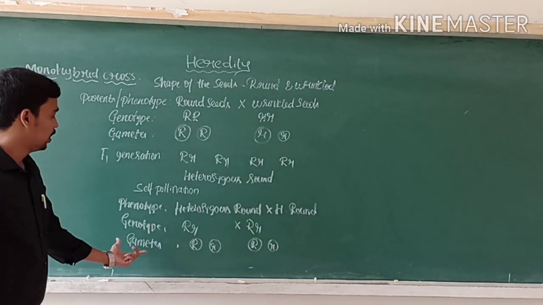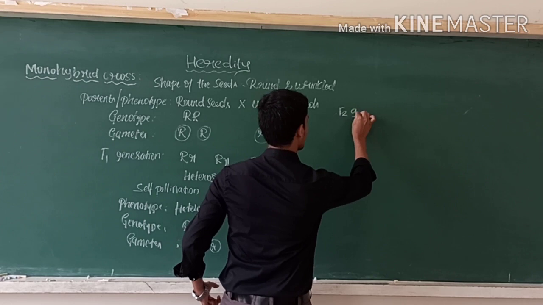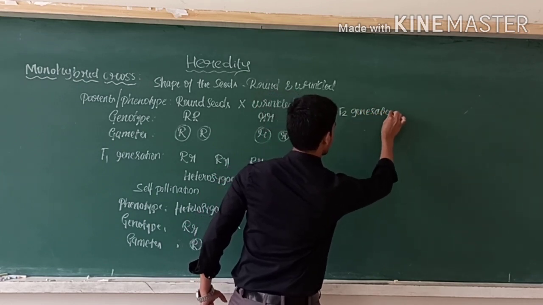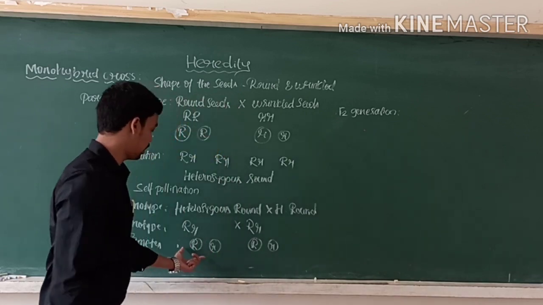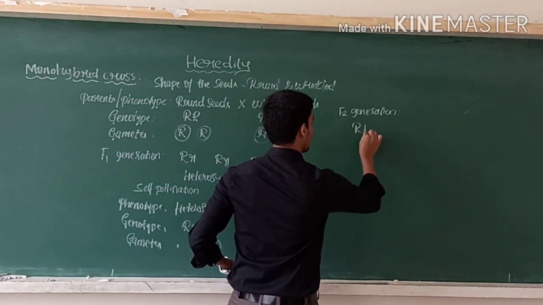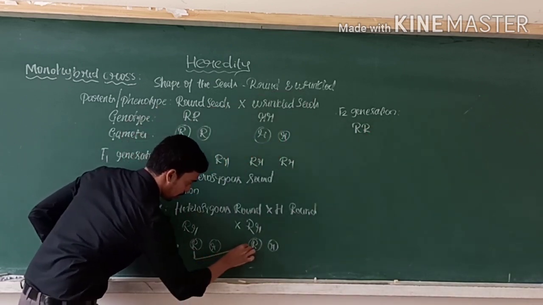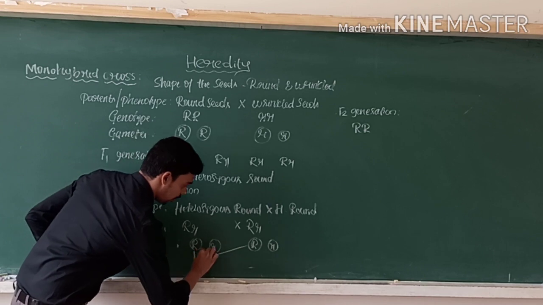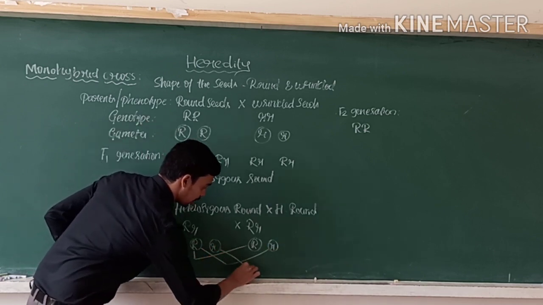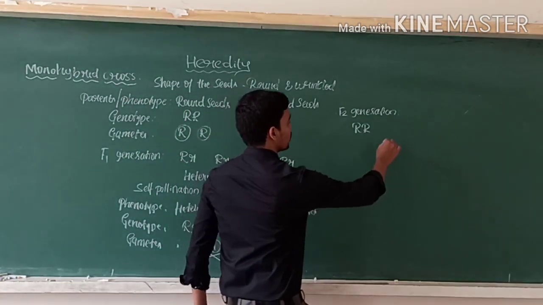Then what about the F2 generation? In the F2 generation, we have individuals like this. There is capital R and capital R, and the cross is made between R and R, and then R and small r, capital R and small r, then capital R and small r, and small r and small r.